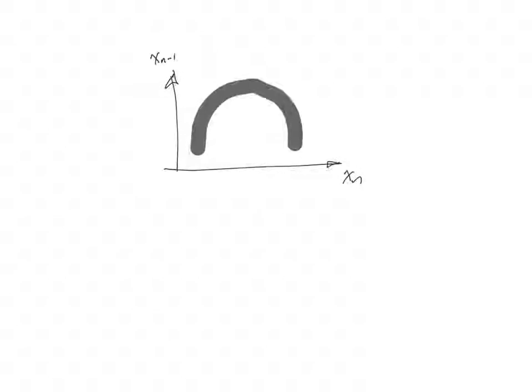Maybe I can make a kind of pseudo color scale here. I need to use the app on the fly. If I make this the darkest, and we sketch out what the marginal looks like in this case. Oh, you know what I can do? I'm going to put a whole lot right here. Okay.